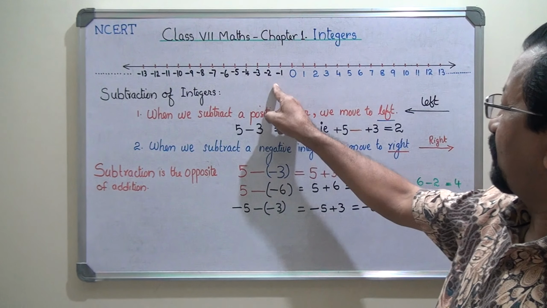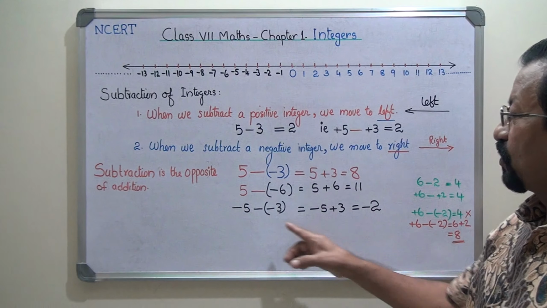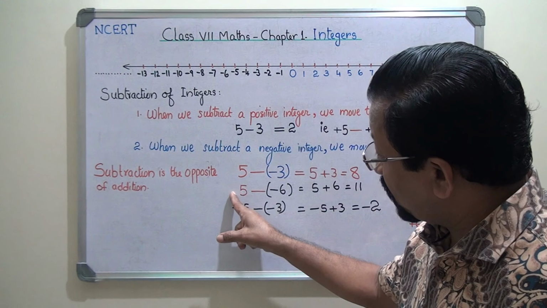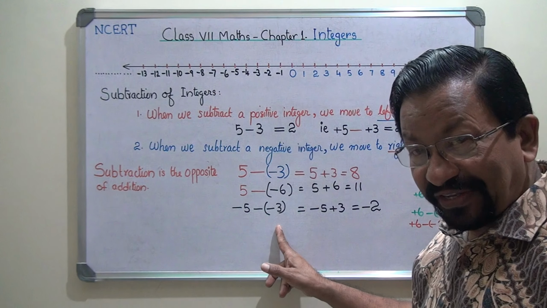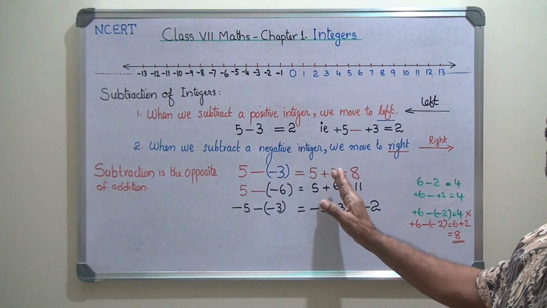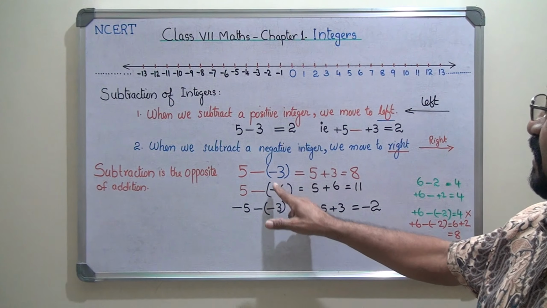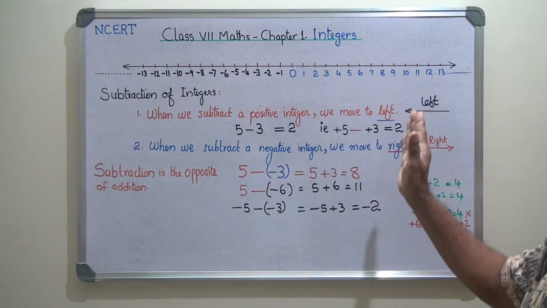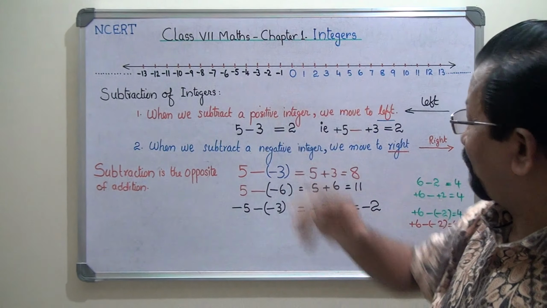So we are moving right. We are reaching minus 2. So whether a positive integer or a negative integer, when we are subtracting a negative integer, we will move to the right. When we are subtracting a positive integer, we will move to the left.